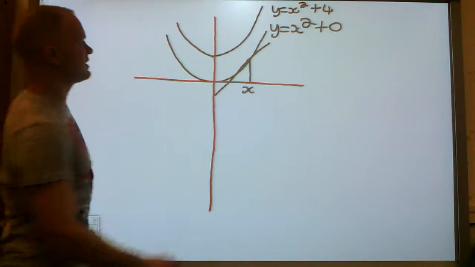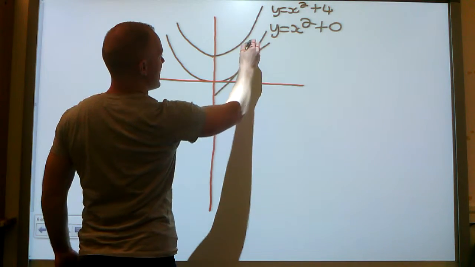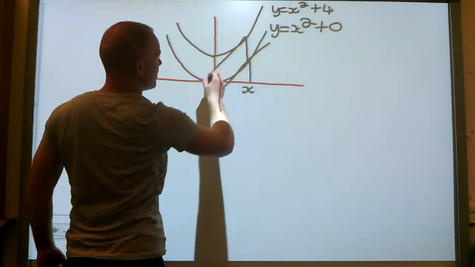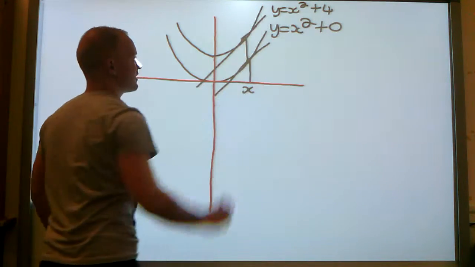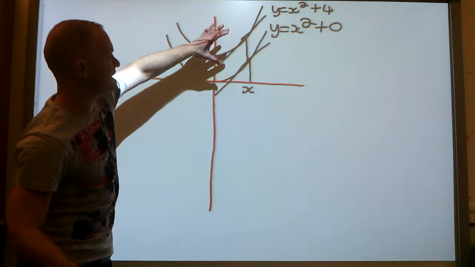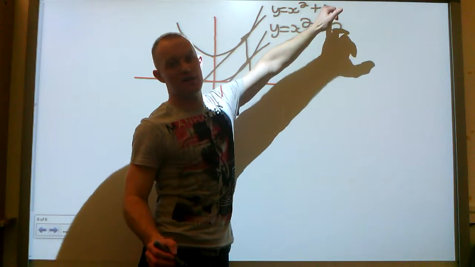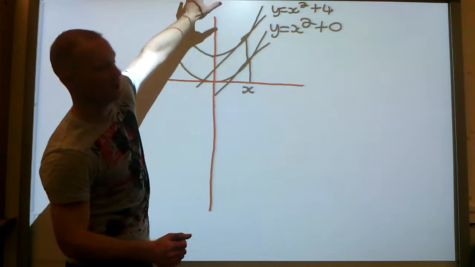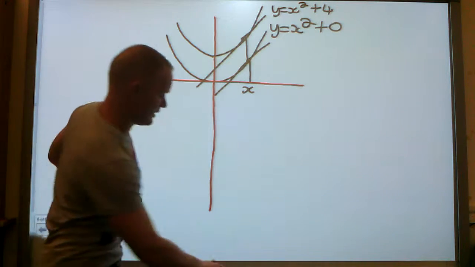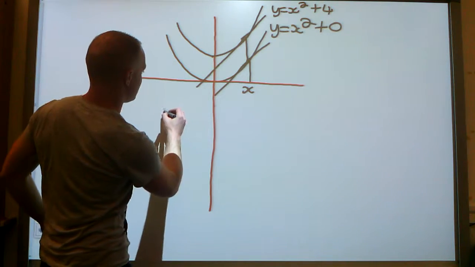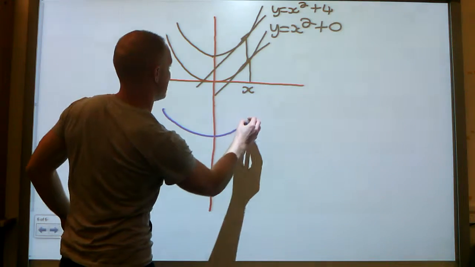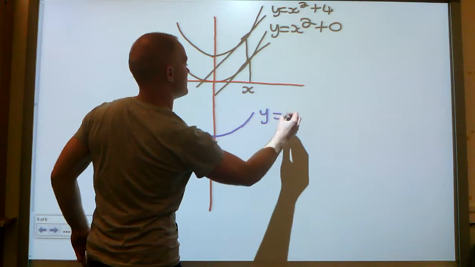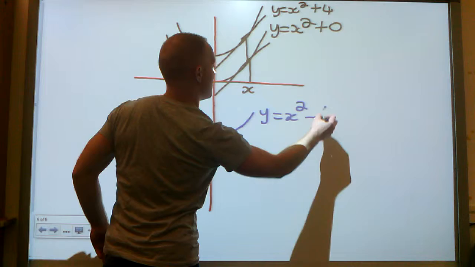Now, the slope of this line here at the point x is going to be parallel, it's going to be the exact same. So basically our slope is going to be the exact same whatever our intercept is here. The intercept here is 4, it's a constant. So if our intercept was 20, it'd be up high. If it was like minus 6, y equals x squared minus 6, okay?